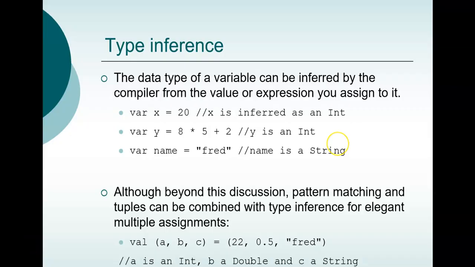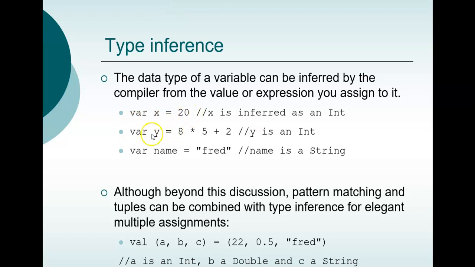Okay. Now, the data type of a variable can be inferred by the compiler from the value or expression you assign to it. So here we can see that we say var x equals 20. The compiler will infer and know that x is an integer because the value that has been assigned to the identifier x is an integer.